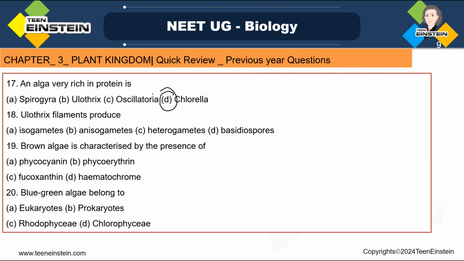Chlorella can be grown to provide human food which is rich in protein, lipid, carbohydrate, vitamins, minerals, etc. Chlorella has been researched as a potential source of food and energy, and its photosynthetic efficiency can reach 8%, which is comparable with highly efficient crops like sugarcane. So these are high in protein and other essential nutrients.